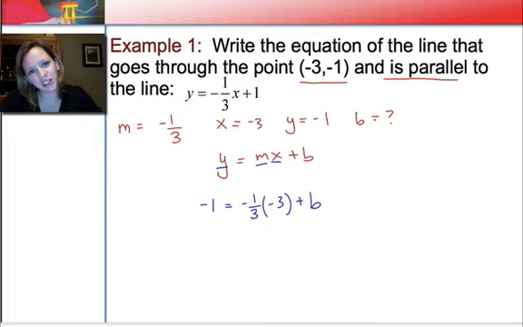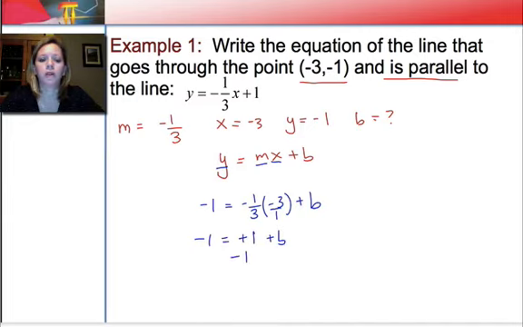And look, I made it really nice for you. My fractions work out very nicely. Let's finish this. -1/3 times -3/1 is a negative times a negative, so that's positive, and it's plus 1. Whoops, that should be plus b. So 1 plus b.